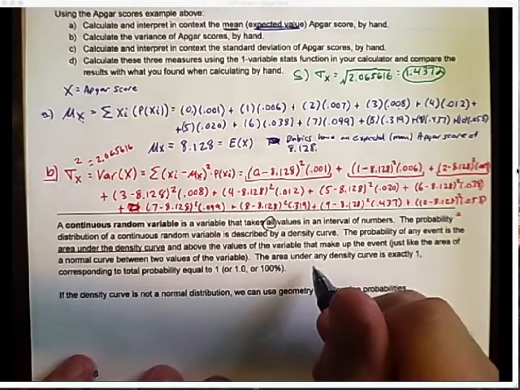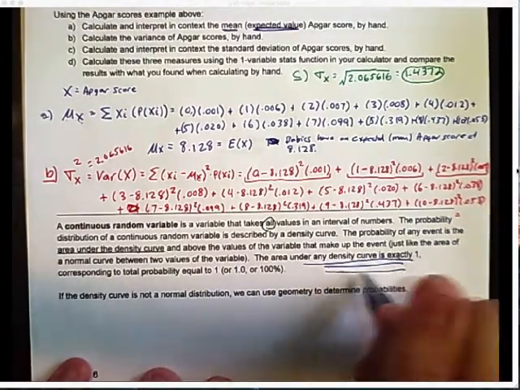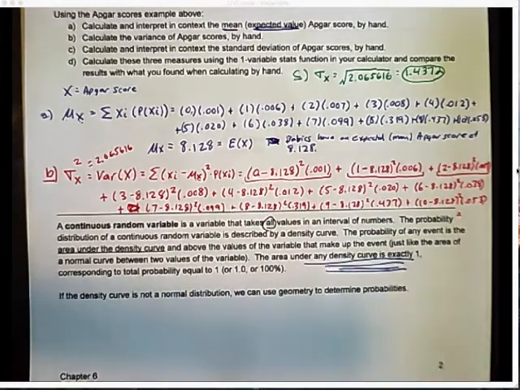The area under any density curve is exactly 1. It has to be, otherwise it's not a density curve. Okay, so exactly 1 corresponding to a total probability equal to 1 or 1.0 or 100%. If the density curve is not a normal distribution, we can use geometry to determine probabilities.